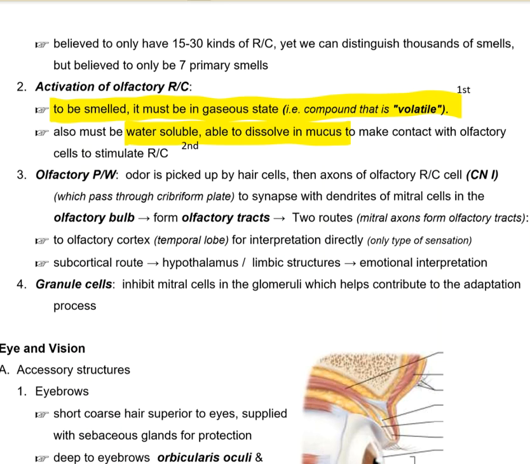Usually it's not. It's usually in a solid form, and then we break down whatever the food is, and we break little bits of the chemicals off, and they dissolve in the mucus, right? So both of these mean that they have to be liberated, and they then have to be water soluble.